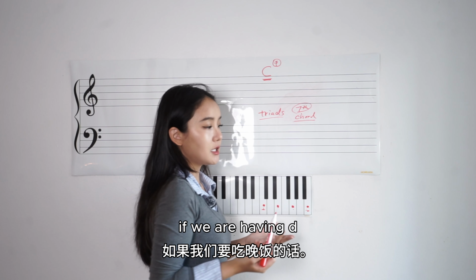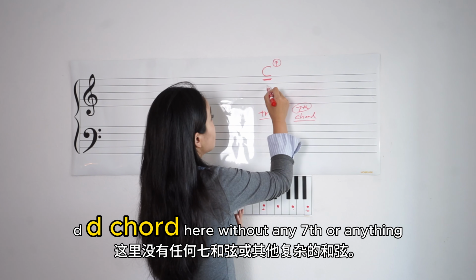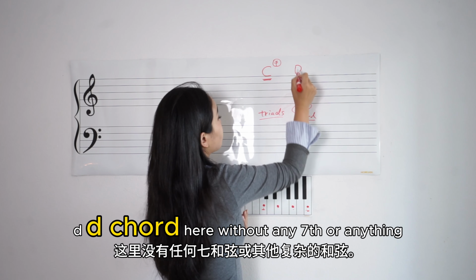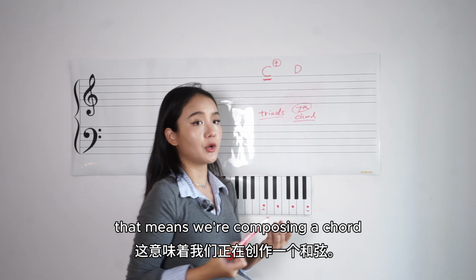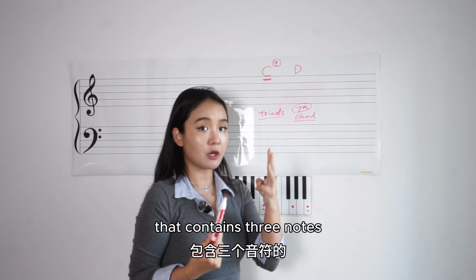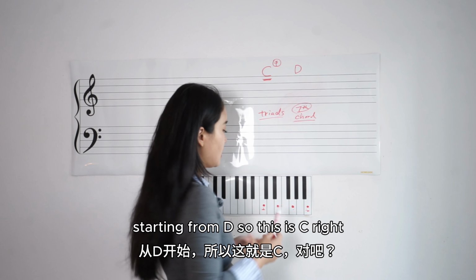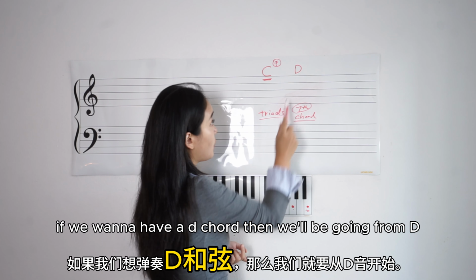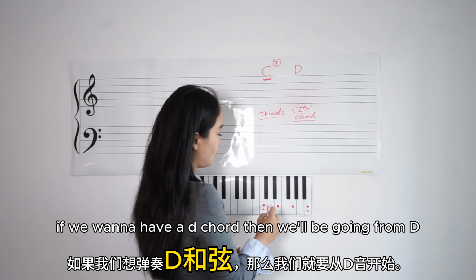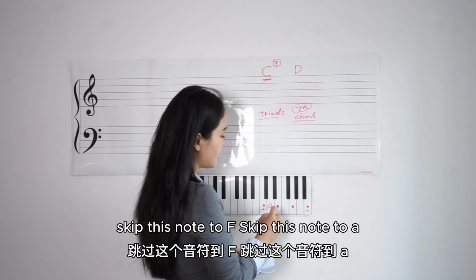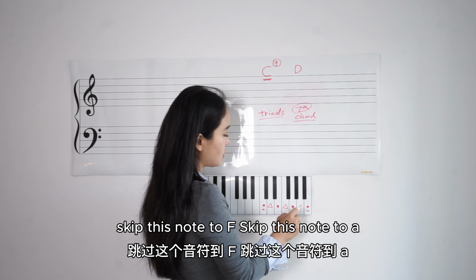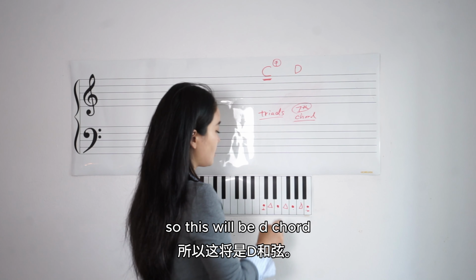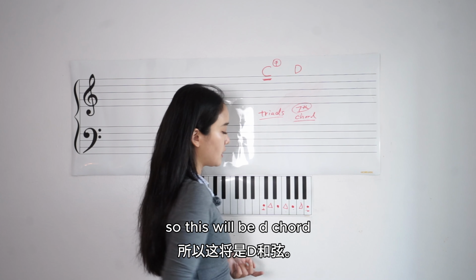If we have a D chord here, without any 7 or anything, that means we're composing a chord that contains 3 notes starting from D. So this is C, right? If we want to have a D chord, then we'll be going from D, skip this note, to F, skip this note, to A. So this will be a D chord.